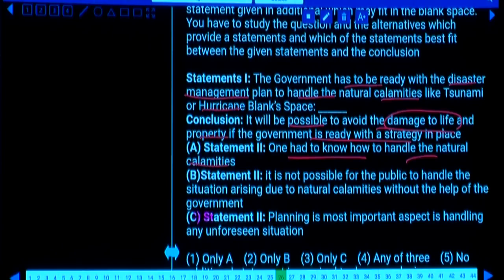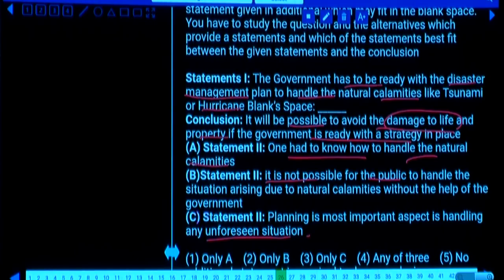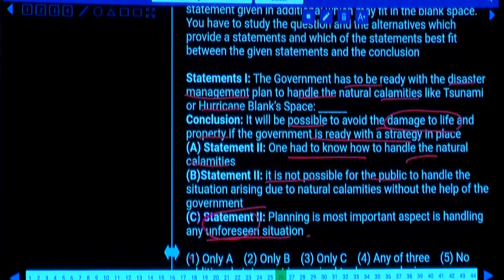It is not possible to say anything regarding the public here. And planning is the most important aspect in unforeseen situations. Not only for this, for anything planning is important, but by implementing this, are you getting the final conclusion? No. Hence what is your answer here? Only one, choice 1, 26.